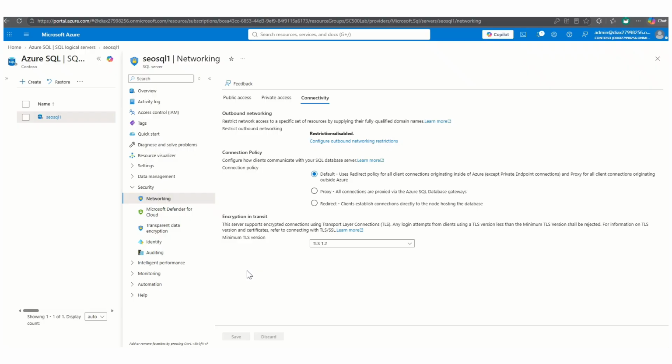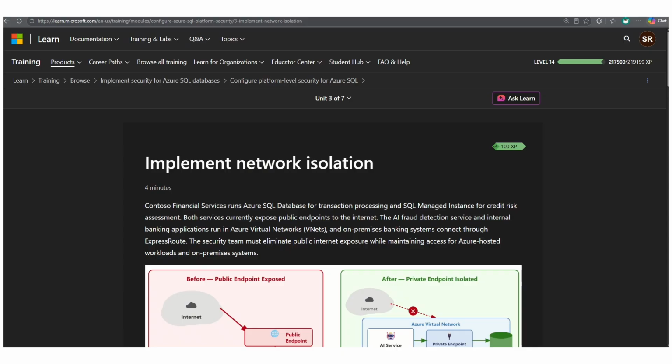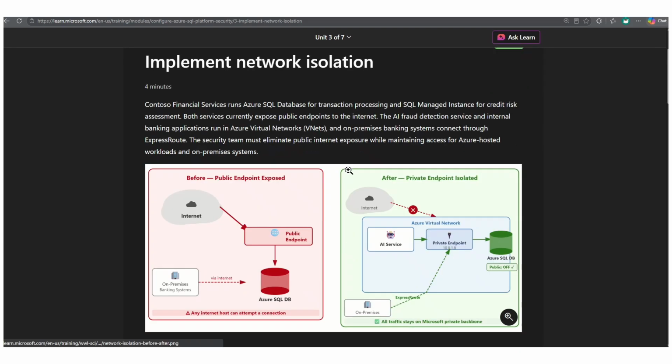Any login attempts from clients using a TLS version less than the minimum TLS version shall be rejected. And again, the minimum is TLS 1.2. Notice that you cannot even choose the older versions here at all. Okay, so those are the main components when it comes to network isolation.